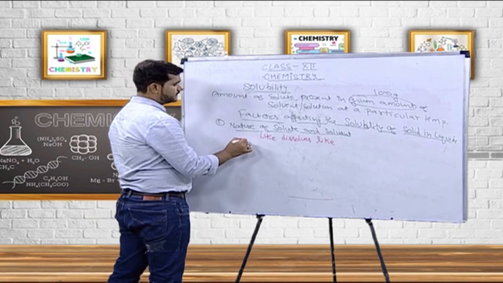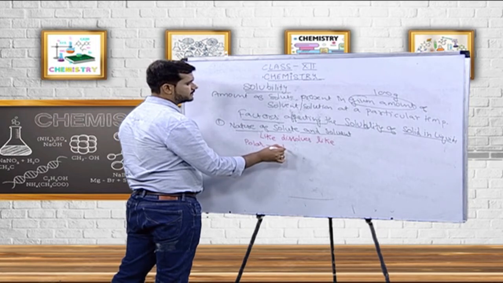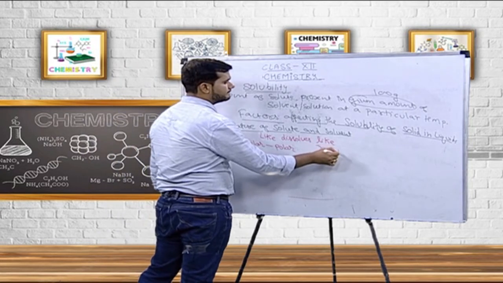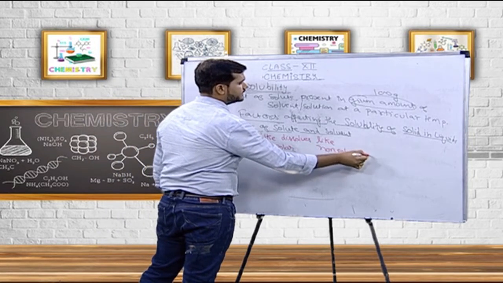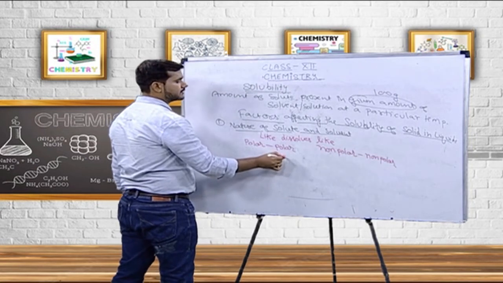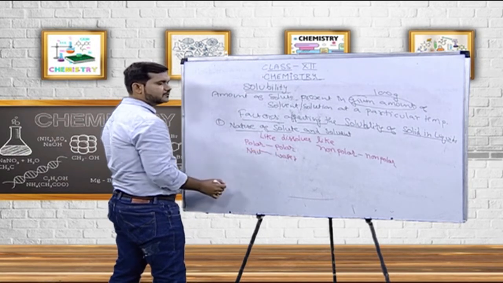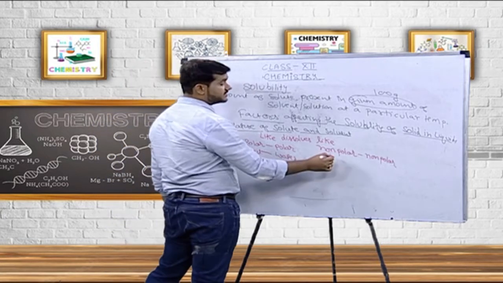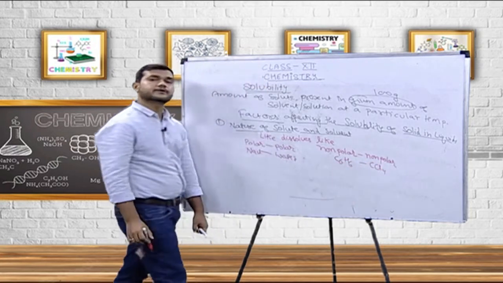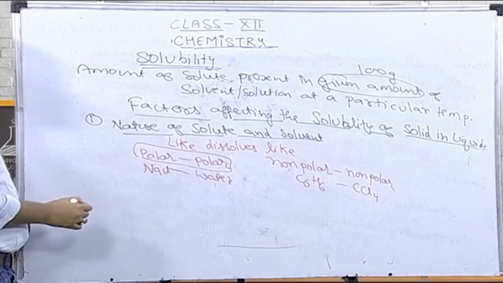For example, the polar substances will get dissolved in polar, and the non-polar in non-polar. Okay, like water is polar, salt, NaCl, is also polar, they get dissolved into each other. Like benzene is non-polar, it gets dissolved in non-polar like CCl4. Like dissolves like. If the substances are like, then solubility is more.